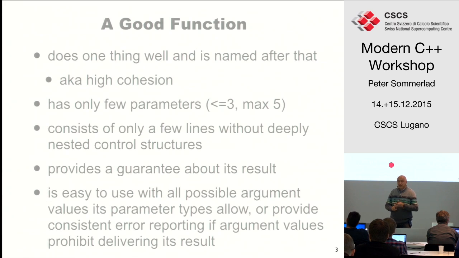A good function usually has only a few parameters. Anything more than 3 is doubtful. In some cases, we see functions with more than 3, even in the standard library, but usually they come in pairs, like a pair of iterators denoting a range. So actually, it's only a single parameter. It just happens to be syntactically two. And a good function also provides a guarantee about its result, a postcondition, and maybe preconditions on its function arguments.